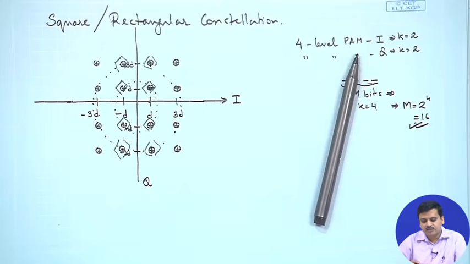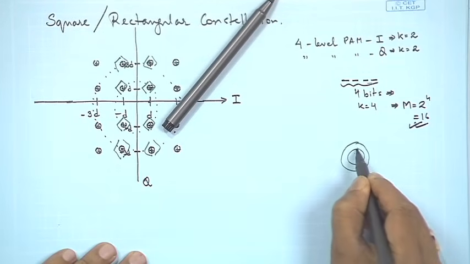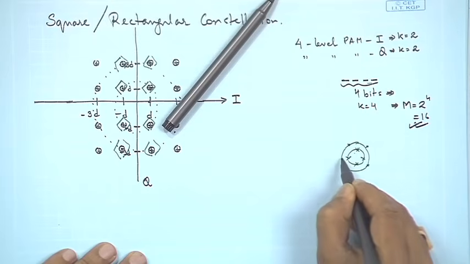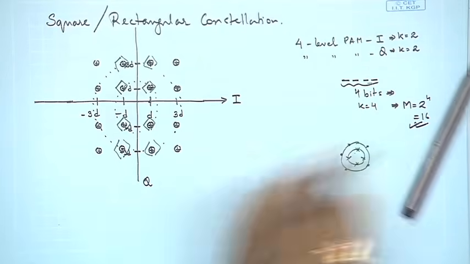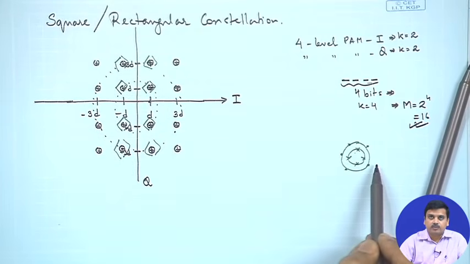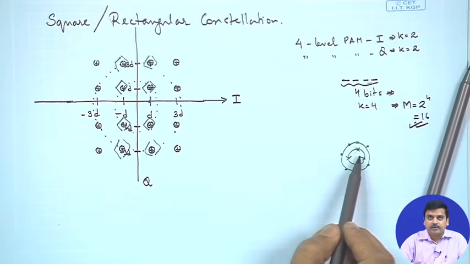I could combine this as PAM with PSK as different phases and different amplitudes, but of course, the combination would not be as straightforward as the diagram where we had 2 concentric circles and different phases. So, here the representation was easier compared to if we represent over here. In both the cases we have 8 possible constellations, but the way we do the mapping is different.